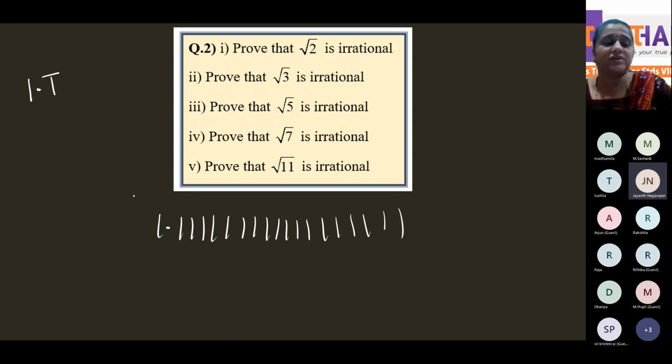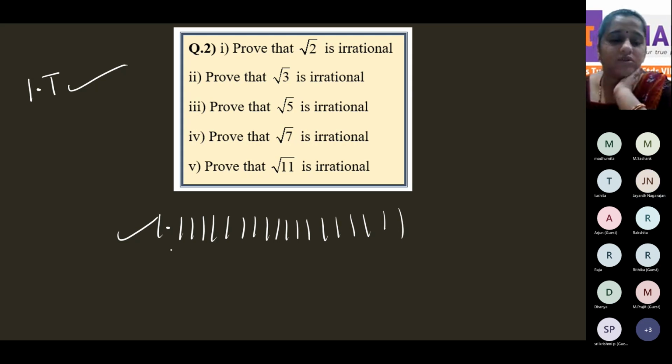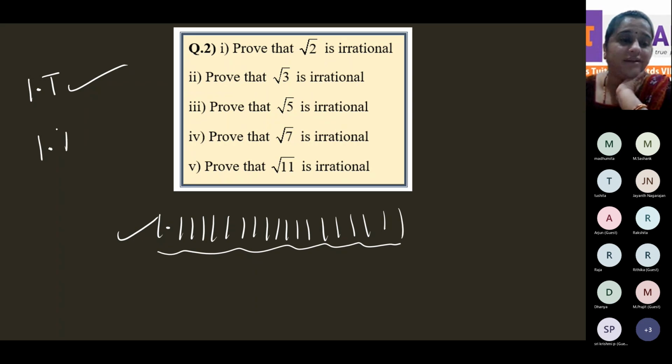A lot of difference between this one and this one. They're not the same. This one is a terminating decimal, while this one is 1.1 recurring.